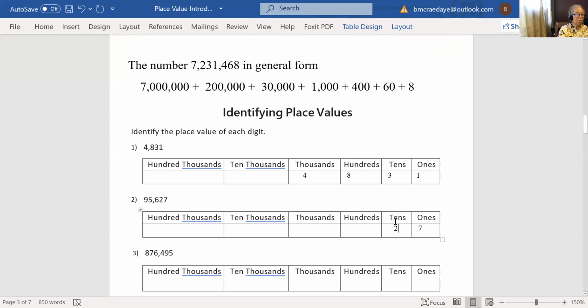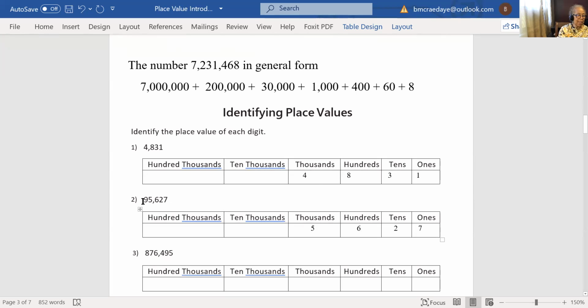What goes in the hundreds column? 6. That 6 represents hundreds, 6 100s. So we put 6 for the hundreds. What about the thousands? Here's our thousand column. 5 represents the thousands. So we put 5 here for the thousands.